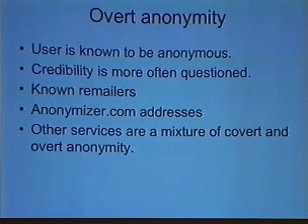And some of the services I'm going to talk about are a mixture between covert and overt anonymity. It may not be instantly obvious that this is an anonymity system, but if you look at it closely, you realize it is. Or you may have to be in a special position on the network or have certain surveillance capabilities that the average person doesn't have in order to determine this.